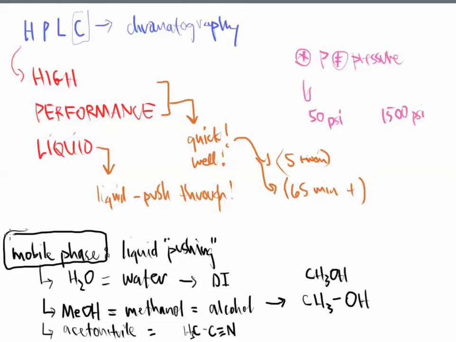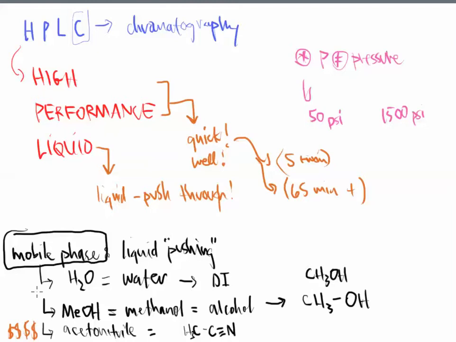Sometimes, depending on the method, we use other things than these 3, but overall, these are the most common. The problem with acetonitrile is not that it's poisonous. We can handle it quite well. The problem is that it's very expensive.